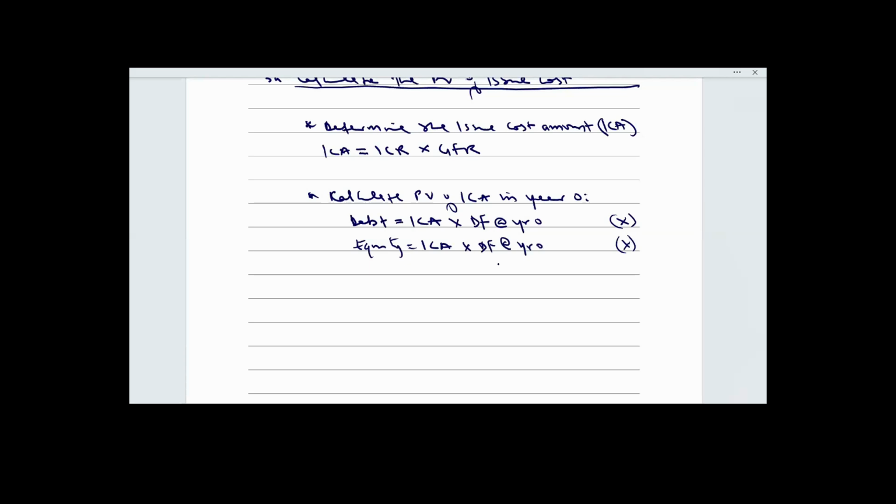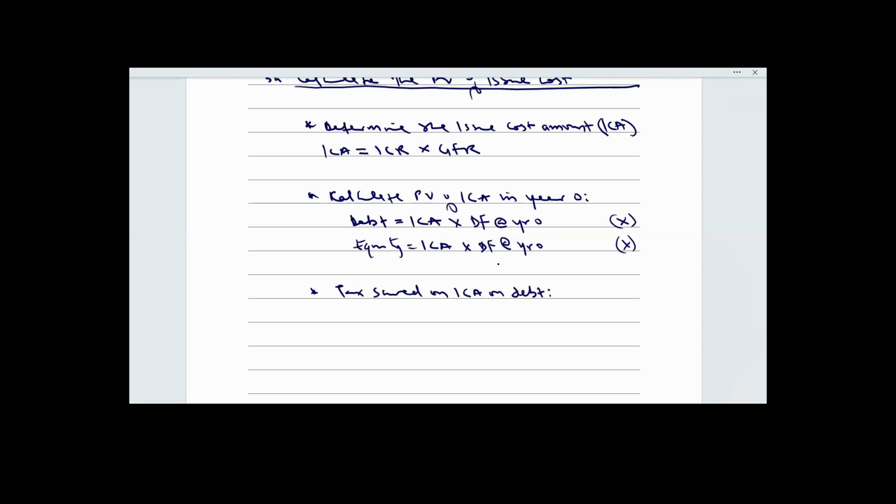The last thing you are going to do is to determine the tax saved on issue cost amount on the debt. Tax saved is the same thing as tax relieved on the debt.